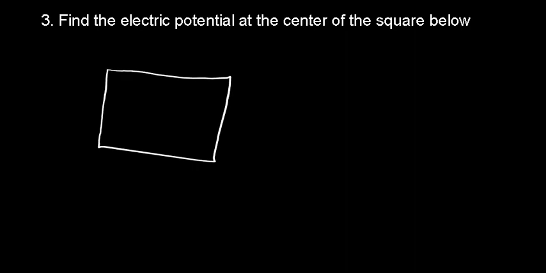We have Q here, Q here, negative Q here, and Q here, and the distance here is A, and the distance here is also A. Let's call this position 1, position 2, position 3, and position 4.